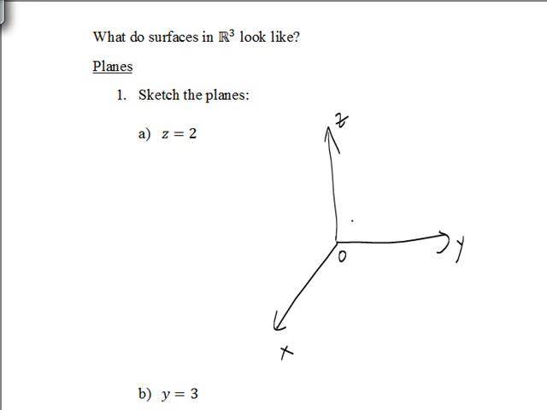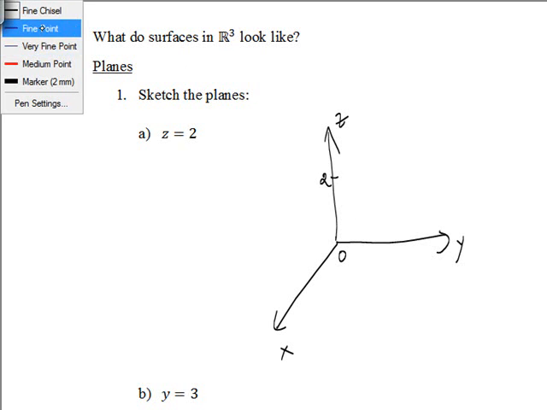So z equals 2, we're really looking at the set of all points (x, y, z) where z is 2. So z is the only coordinate that is fixed. x and y could be anything. So therefore, you look at 2 here on the z-axis, and all you're going to do is draw a horizontal plane through 2.